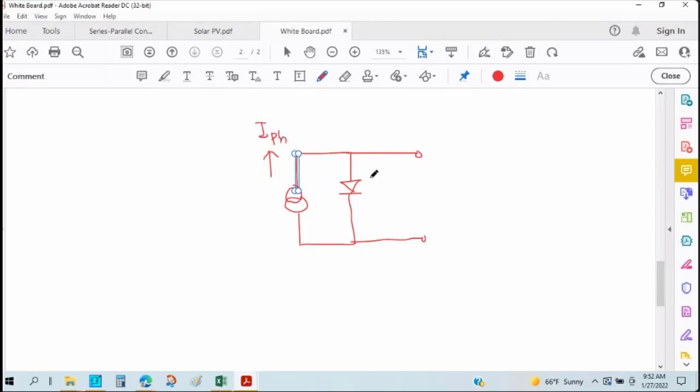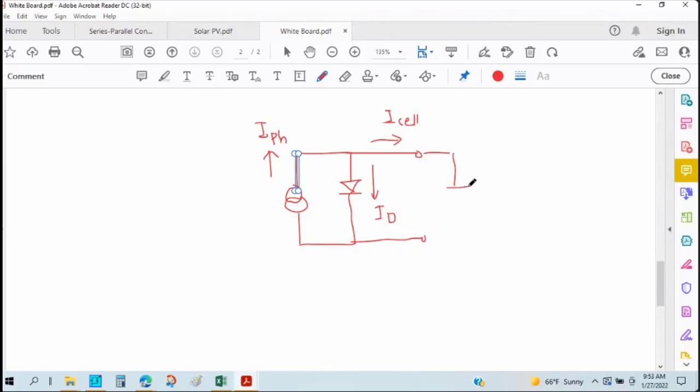Actually, there is a PN junction, that means a diode, and it will be connected like this one. So some amount of current will be flowing through that diode. And this is the amount of current that we will be receiving from the solar panel or solar cell to the load. This is the cell current.